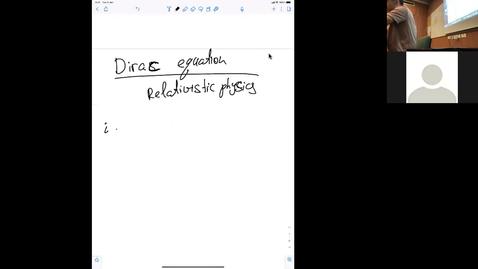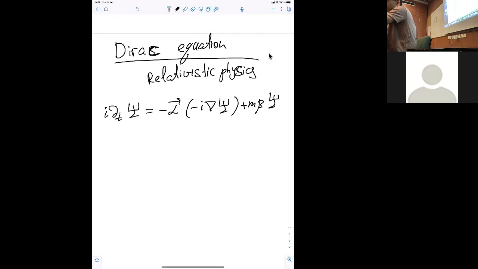It was an equation which is linear with respect to time and linear with respect to coordinate. In this equation, alpha and beta are 4x4 matrices. So psi is a spinor with four components.